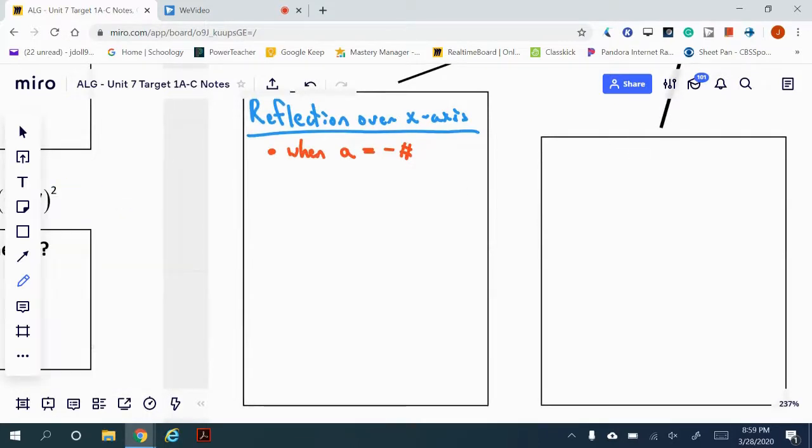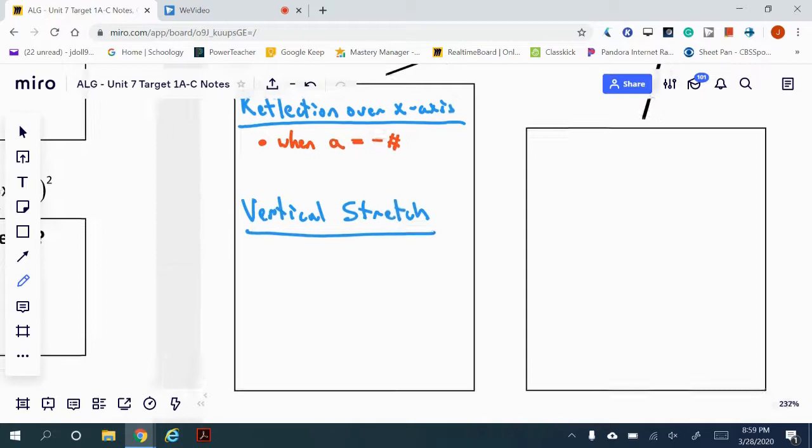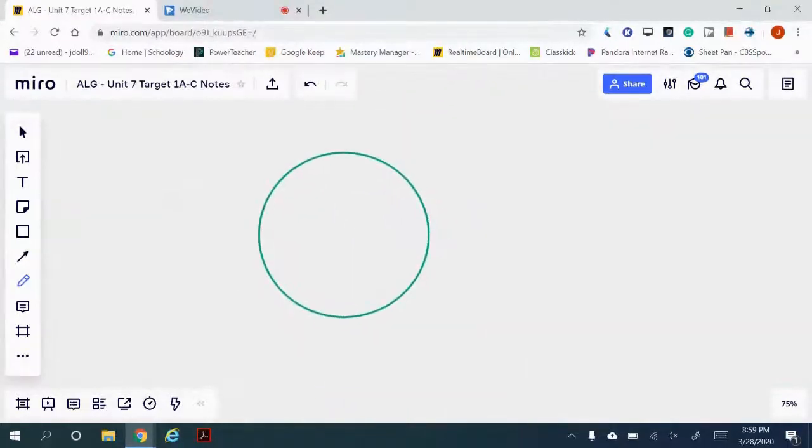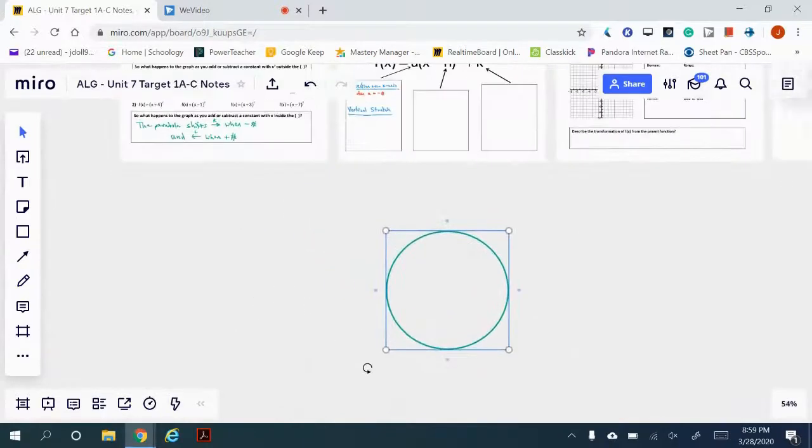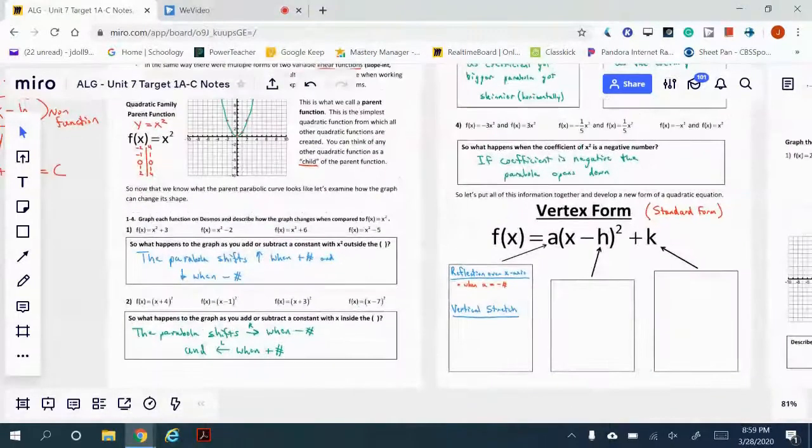All right. Now, the second thing that can happen is what we're going to call a vertical stretch. Now, this is a little confusing. Actually, I'm sorry, I'm getting a little ahead of myself.